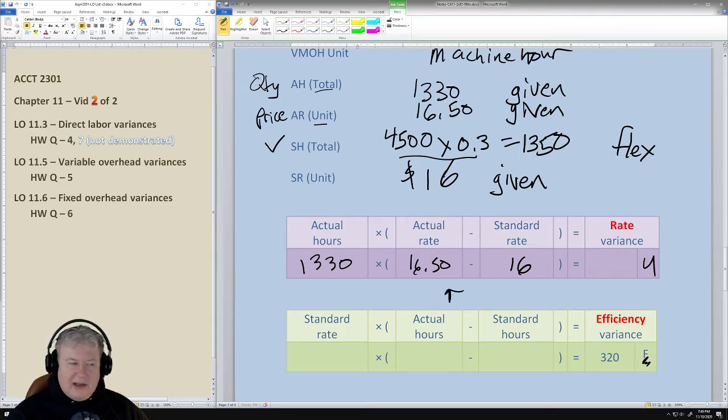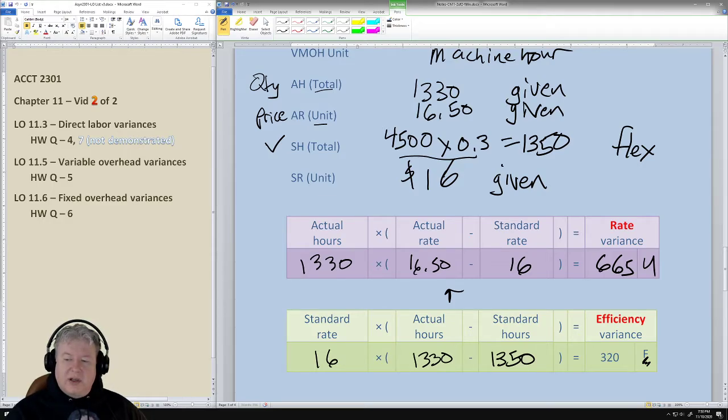Okay, and actually this ends up being 0.5 times 1,330, which ends up being 665. The standard rate is $16, the actual hours is 1,330, and our budgeted calculated hours are 1,350.